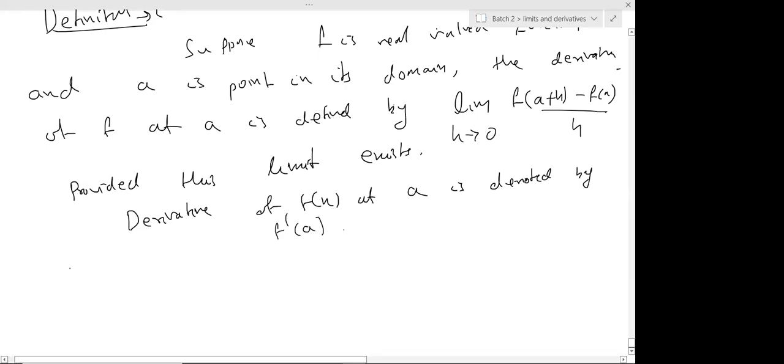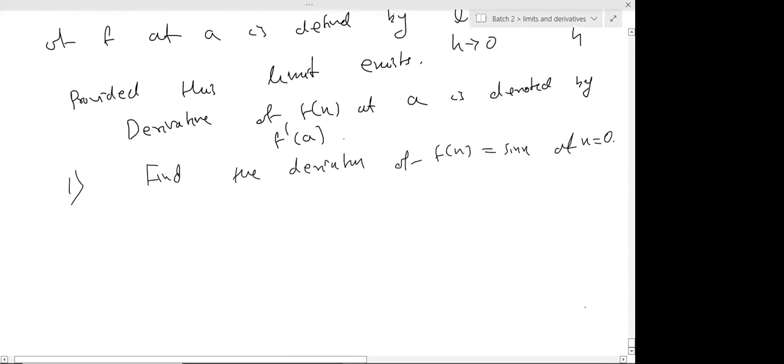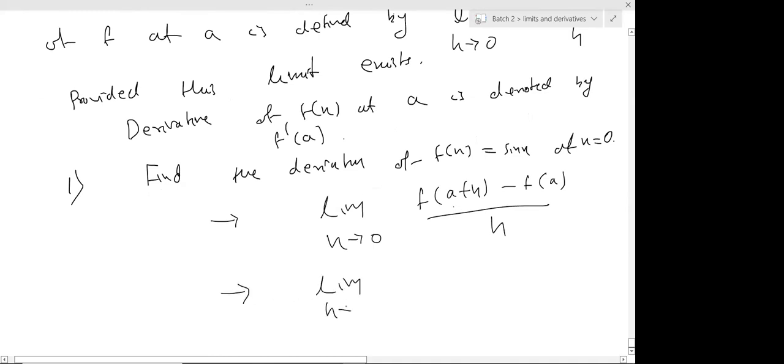Now let's suppose they give you a question. Find the derivative of f of x equals sine x at x equals 0. Already using first principle, what you can do is limit h tending to 0 of f of a plus h minus f of a, whole divided by h, where a is 0 here. So we can write limit h tending to 0 of f of 0 plus h minus f of 0 upon h.